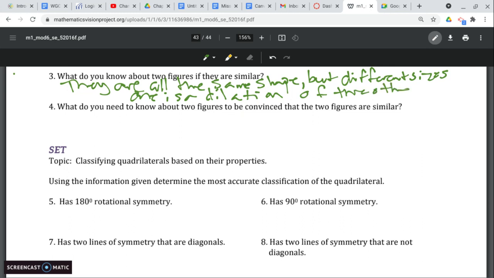So this is when we use our dilations. Those are what's known as similar figures, not congruent, because they're not exactly the same. Their sides have a ratio between them because obviously we have that scale factor, and the angles have to stay the same. That's the one thing that has to stay the same. With our similar figures, the angles still have to be congruent to each other. They still have to be the same. But the sides, we've got that relationship between scale factor. So there's a ratio between them.